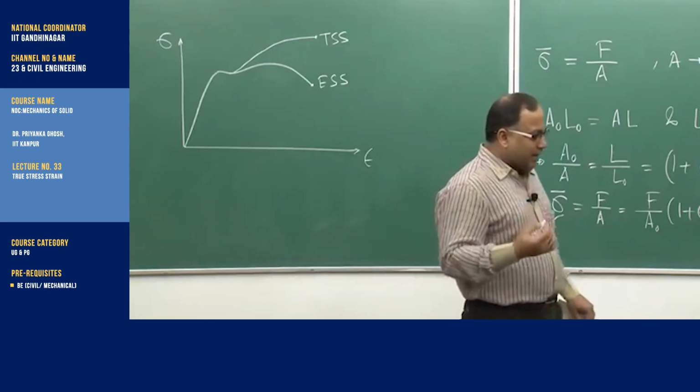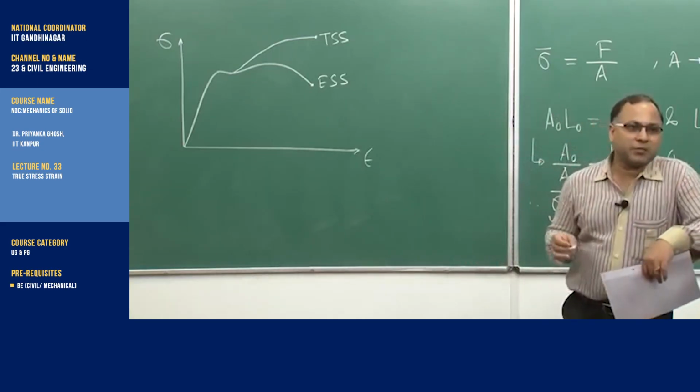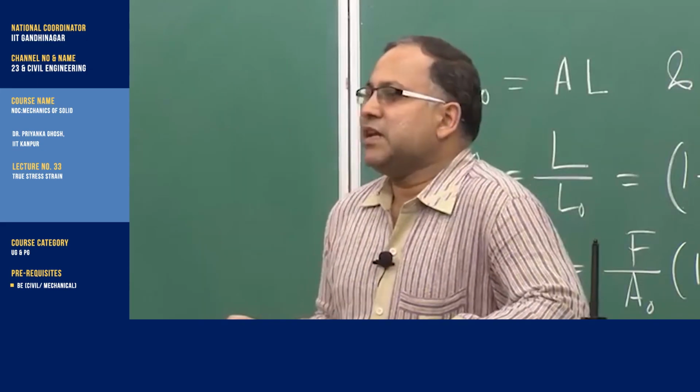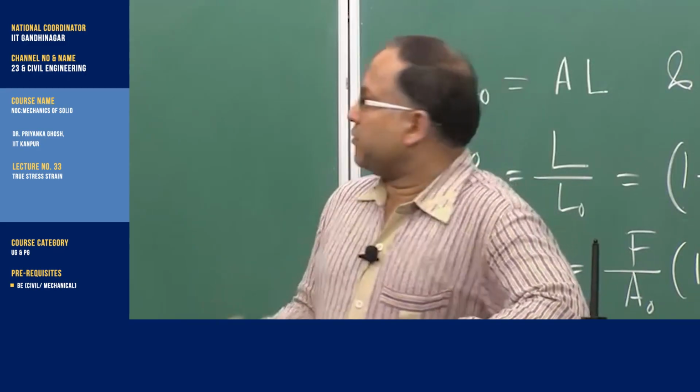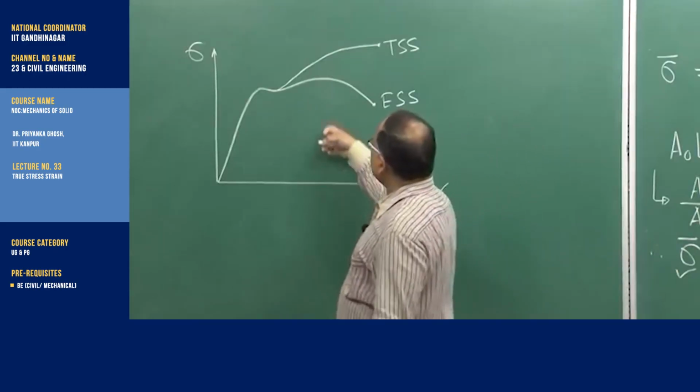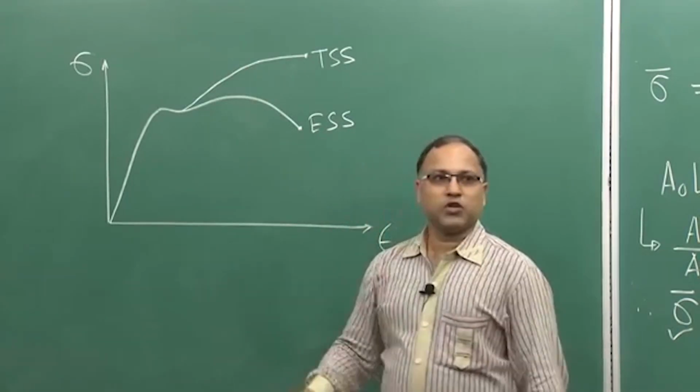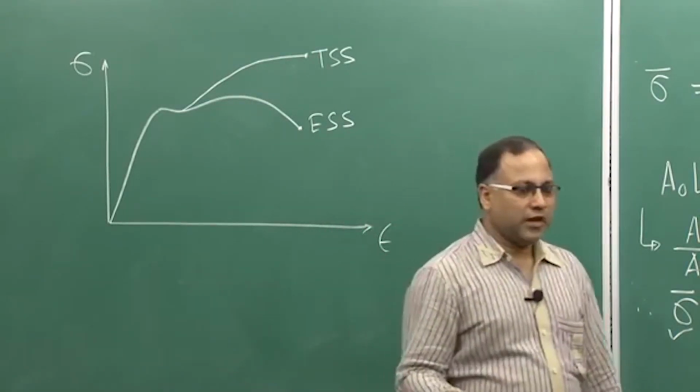So, that engineering stress strain approximation is giving you some conservative estimate; at a particular strain you are getting much higher stress if you talk about true stress strain, right.